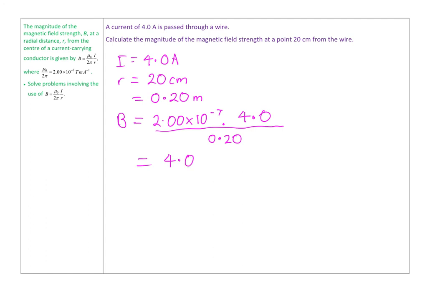We're just going to have two significant figures because we had two significant figures for current and 2 there for the length, times 10 to the minus 5.